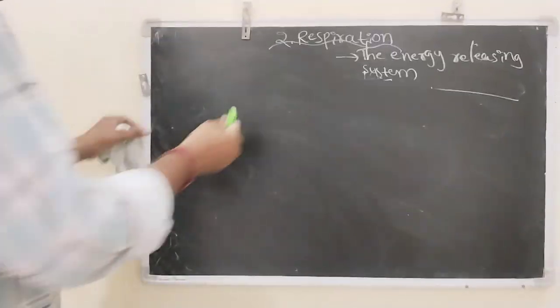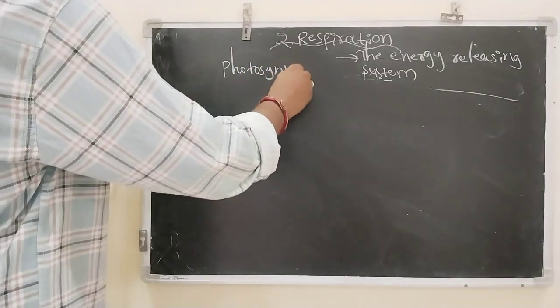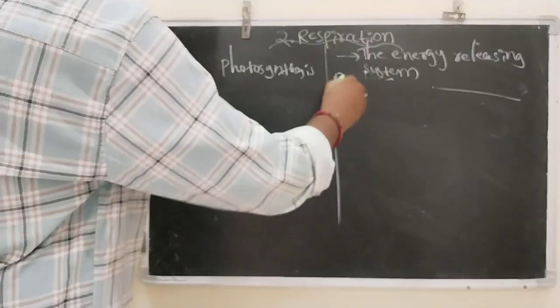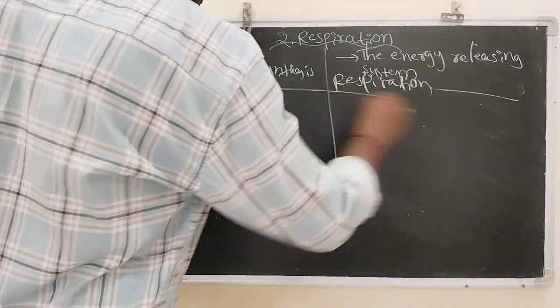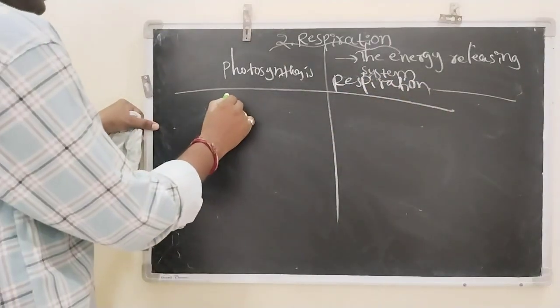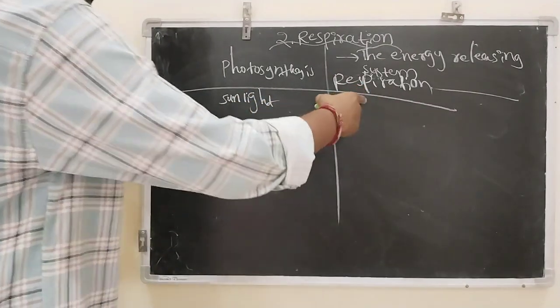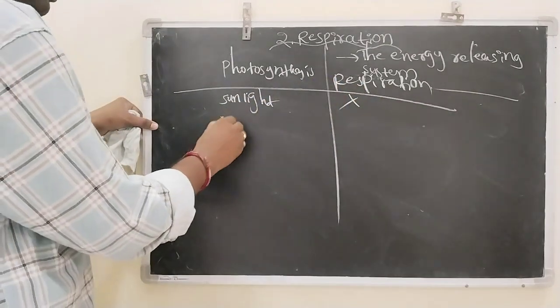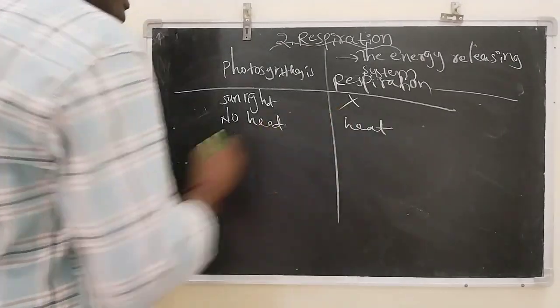If we want to write the differences between photosynthesis and respiration, there are many differences. So what are the differences? For example, see here. Photosynthesis occurs in the presence of sunlight. Respiration needs no sunlight. Here no heat energy is released. Here heat energy is released.